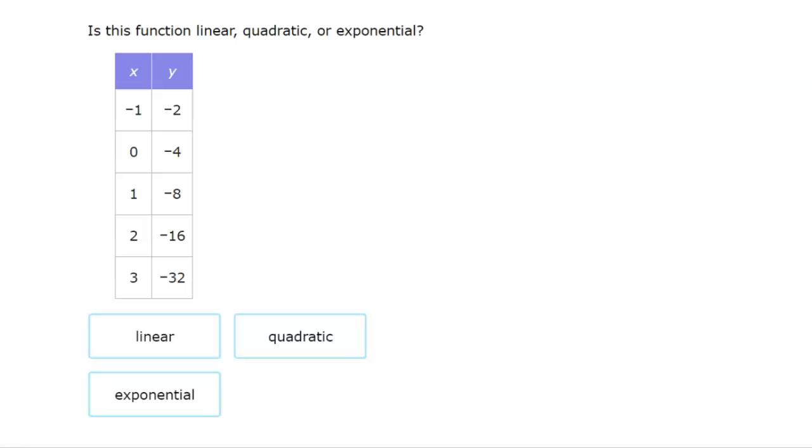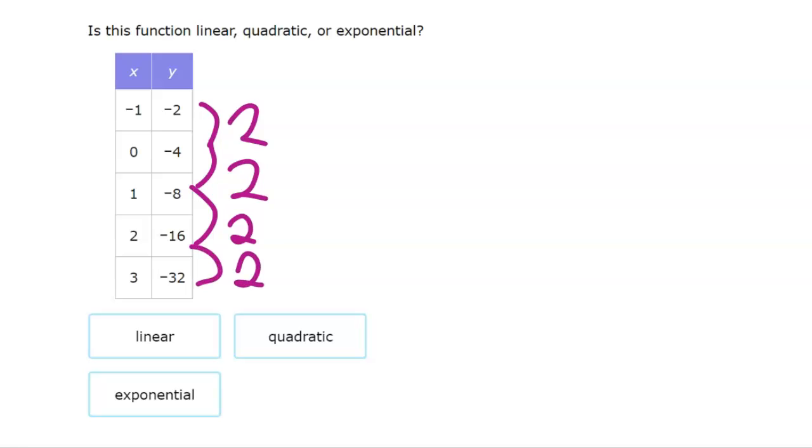So I can get from -2 to -4 by multiplying by 2. Let's see if that same thing happens. Can I get from -4 to -8 by multiplying by 2? Why, yes, I can. I can get from -8 to -16 by multiplying by 2, and -16 to -32 by multiplying by 2. Since I have the same multiplication every time, that is exponential.